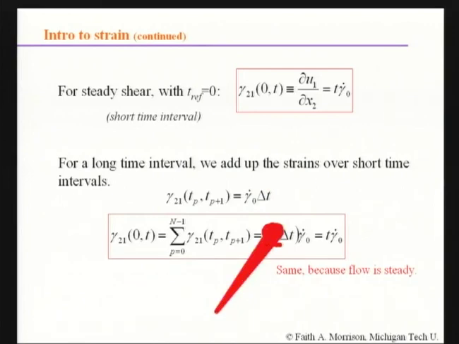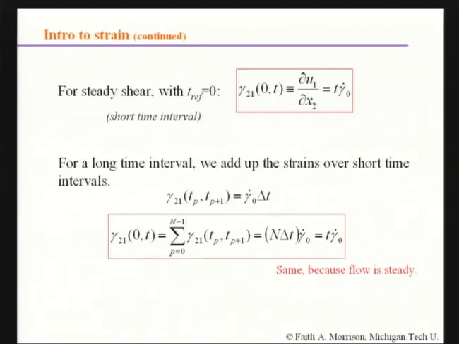Then this summation can just become n times the strain for each of the individual steps. And once again, even if we have a large interval, which is what I showed on my previous slide, the strain is equal to the time times the rate, as long as the rate is constant.